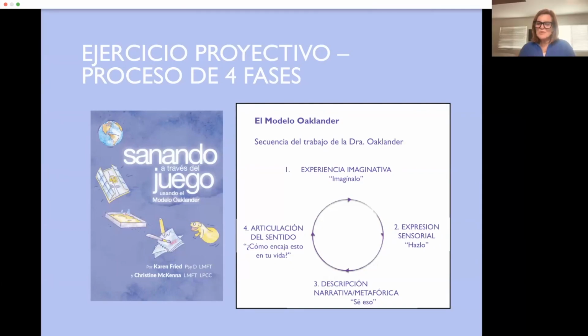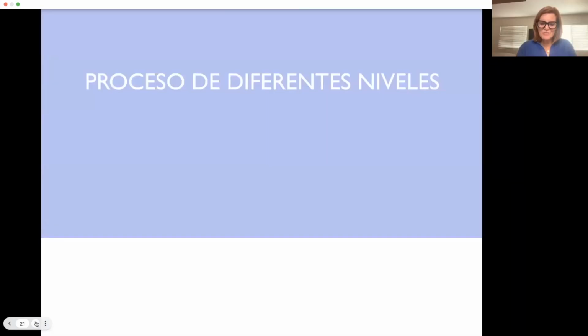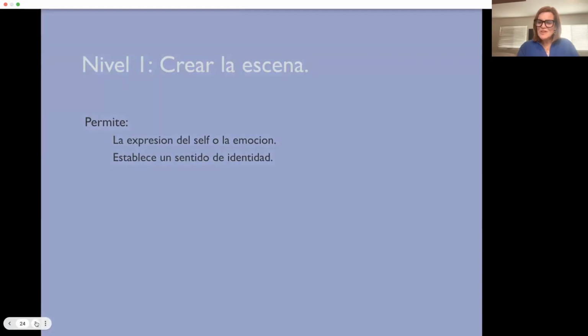And some people will say, well, it wasn't the Oaklander model because they wouldn't be it. And I would explain to people, yes, it is. Are you in contact with your client?